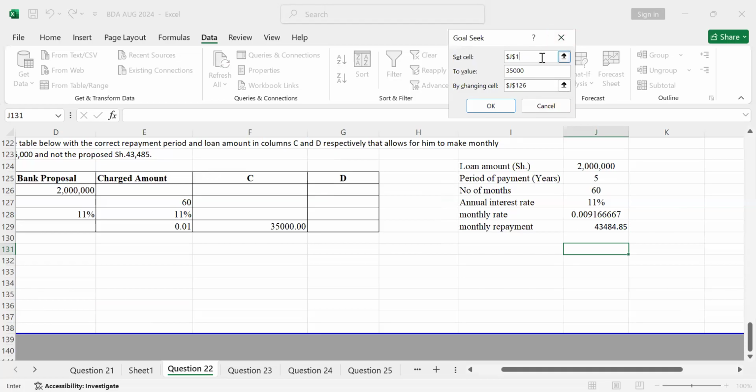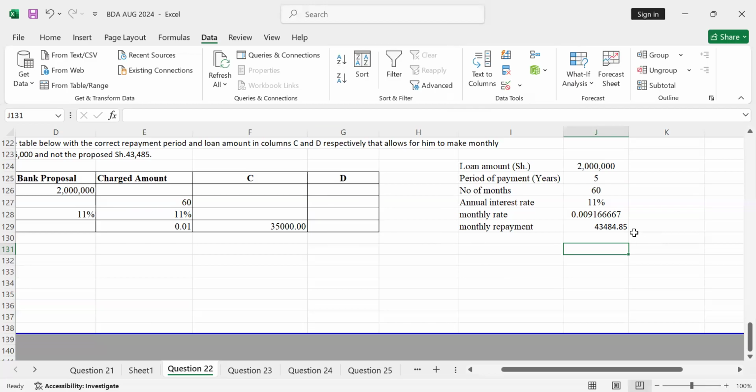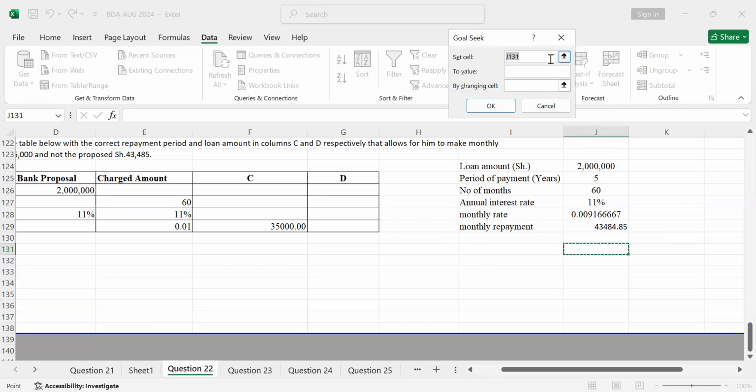I don't know whether I made the mistake again. It is refusing again. So this is the goal seek. This is this one. I want this to be 35,000.